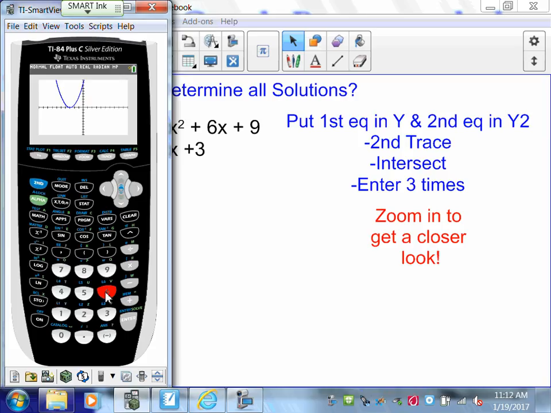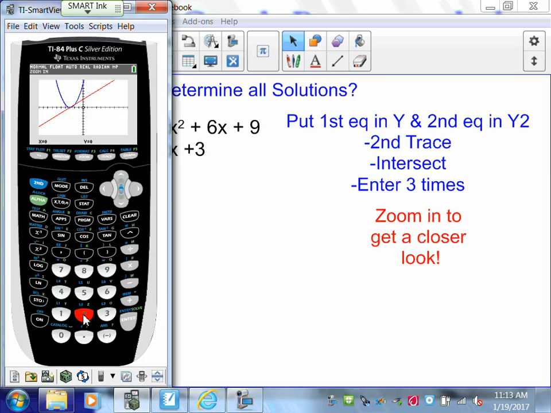This is so much easier. It looks like it might hit once, it might hit twice. So you may or may not have to zoom in. When you hit zoom in, choose zoom 2, you'll see the blinker at the middle. Don't hit enter right away.